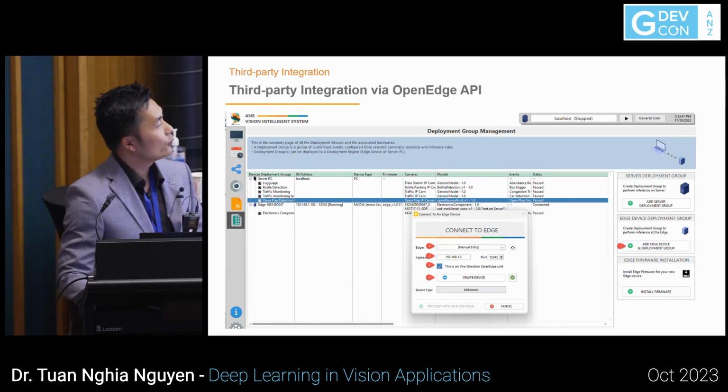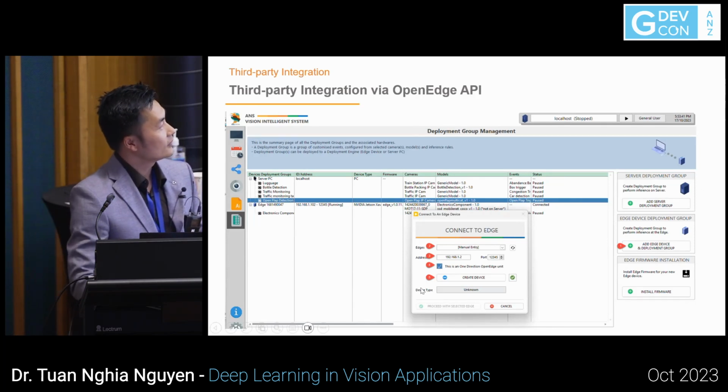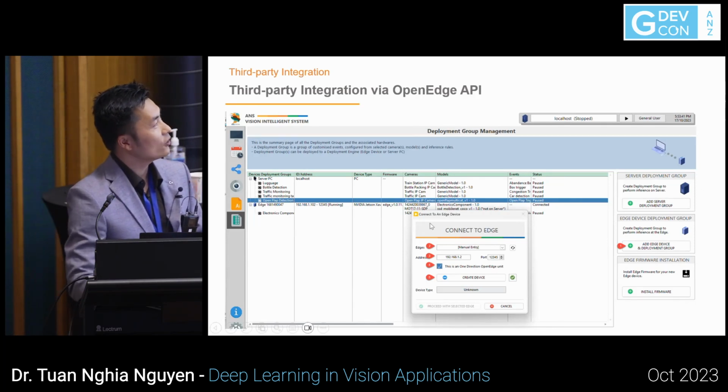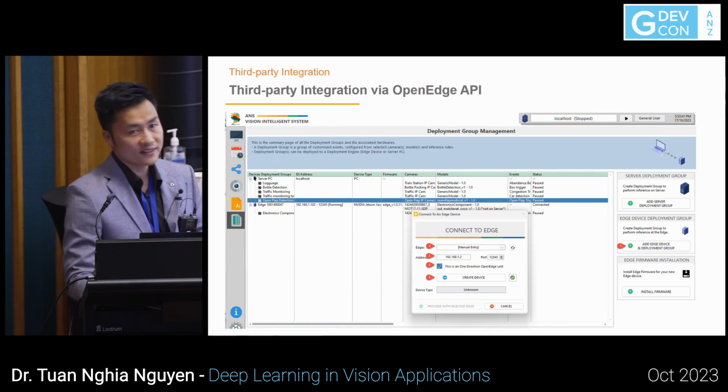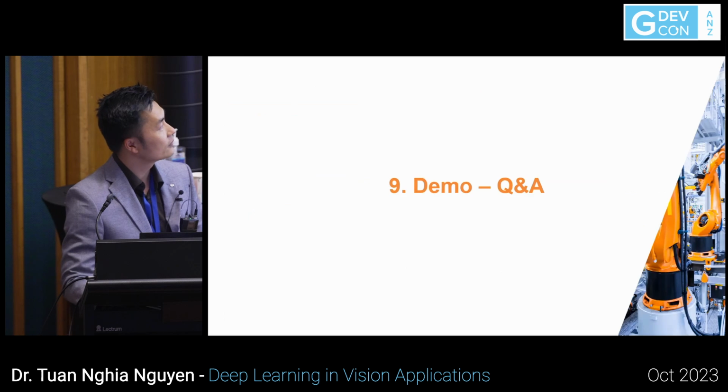So when we design that, ANSVIS can talk to the third-party device through the OpenS API with a tick box, and the procedure to design the AI task is exactly the same.